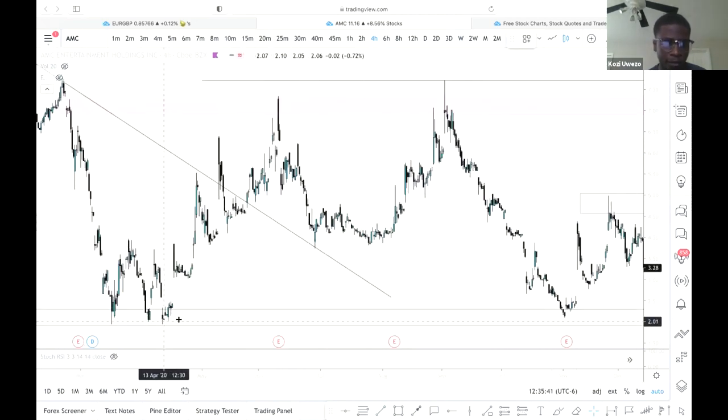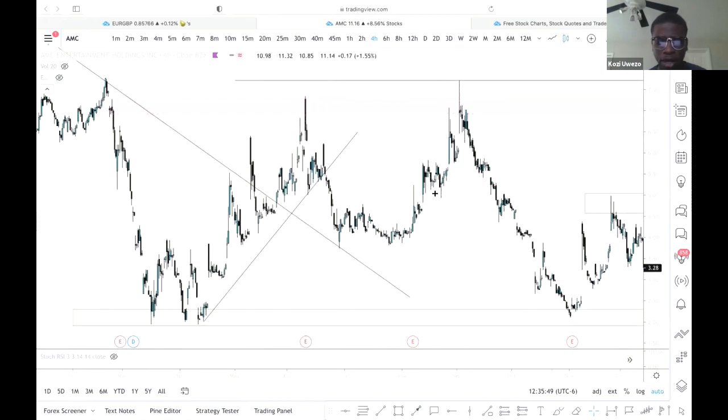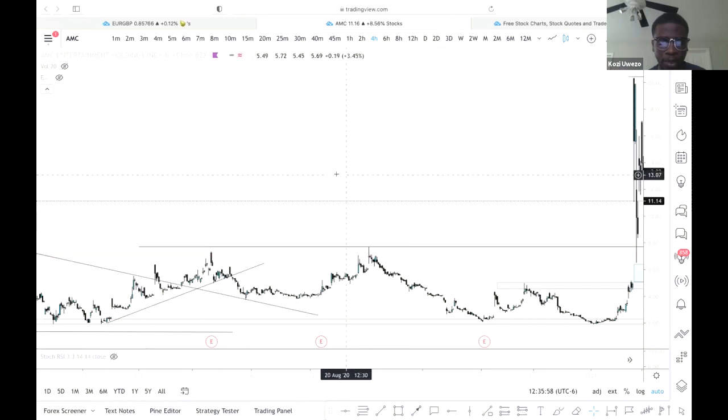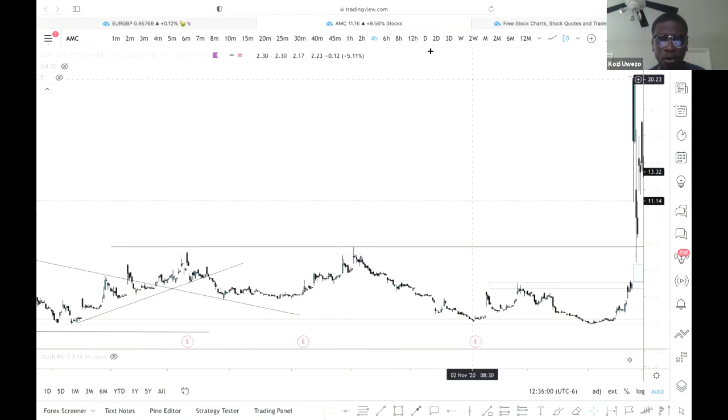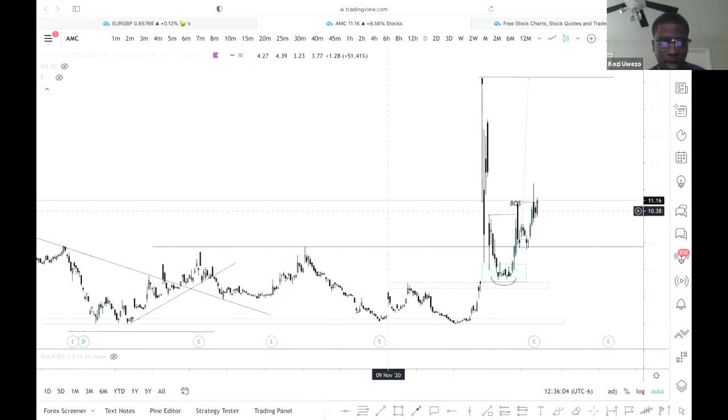Right here, after price tapped this support, we were in an uptrend for a little bit, and we tapped that zone. We didn't break it. You could have basically taken a sell right here and taken it to the downside, but we broke this trend line and came back up here and just tapped it. So from this zone, this became our new resistance, basically because price was not breaking it.